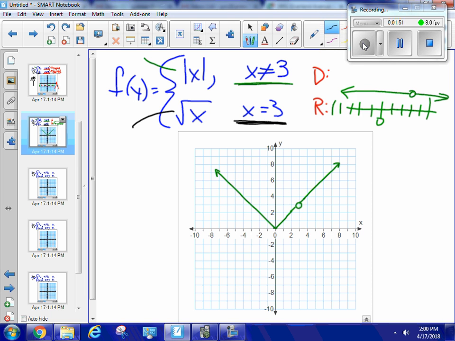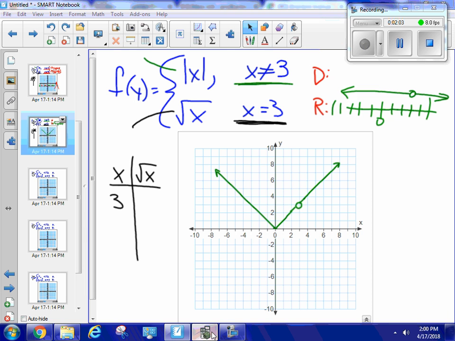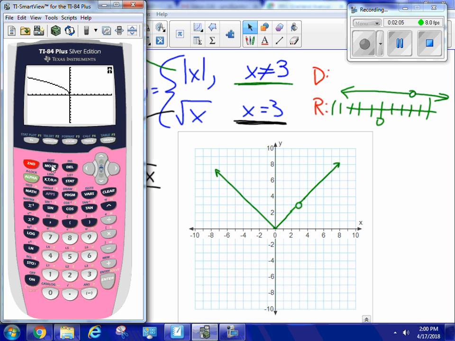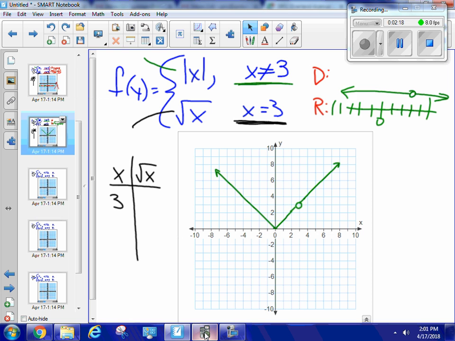And that value is the square root of x. So if I did a little t-square, I have the square root of x, and when I enter an x, I only have one value I really need to do, which is 3. Well, I don't know what the square root of 3 is. I'll get my calculator and get a little estimate here. So the square root of 3 is 1.73.